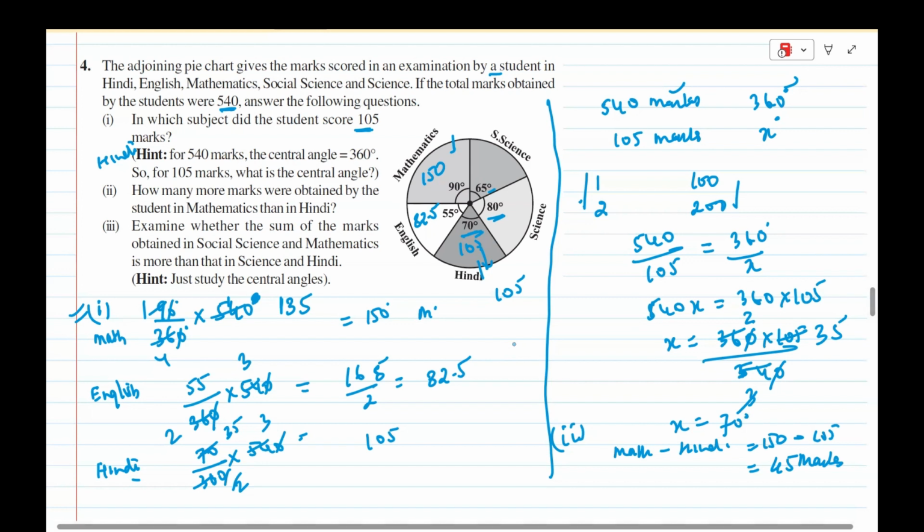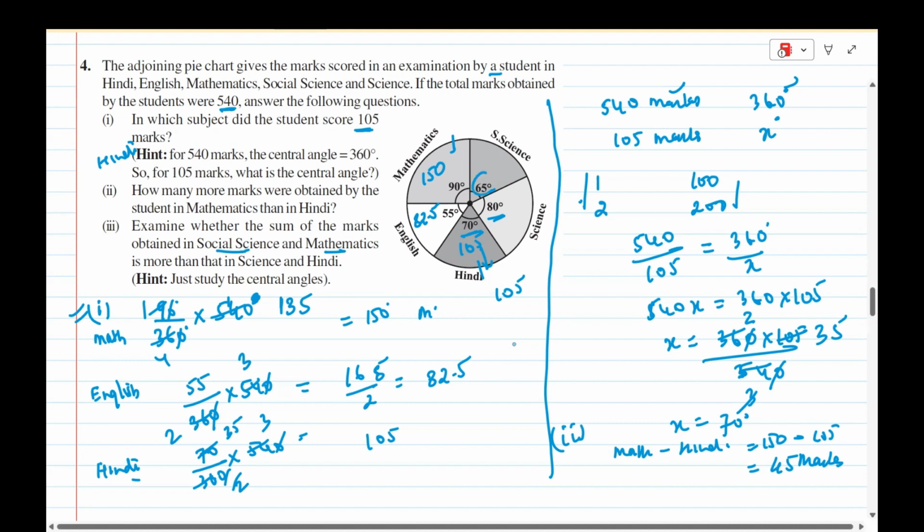Let's move to the third one. Examine whether the sum of the marks obtained in social science and mathematics is more than that in science and Hindi. So simple, even if you add marks or you add angles, it will give you the same thing. Not in terms of marks or degrees, but if we need to take a decision for more or less, we can do that. How? See here. It says social science and math.